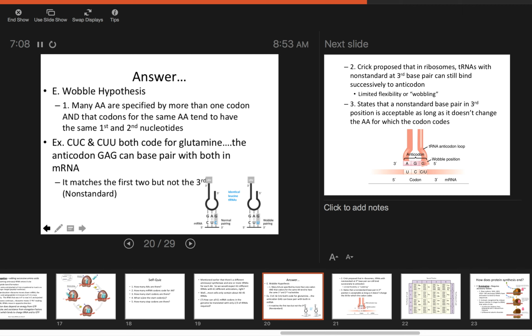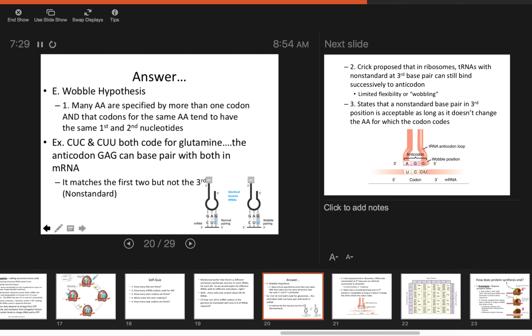The anticodon GAG can base pair with both in mRNA. So as long as it matches the first two, the third one may not matter at all. This is why it's called the Wobble hypothesis, because the first two match perfectly with the mRNA, but the last one may not.